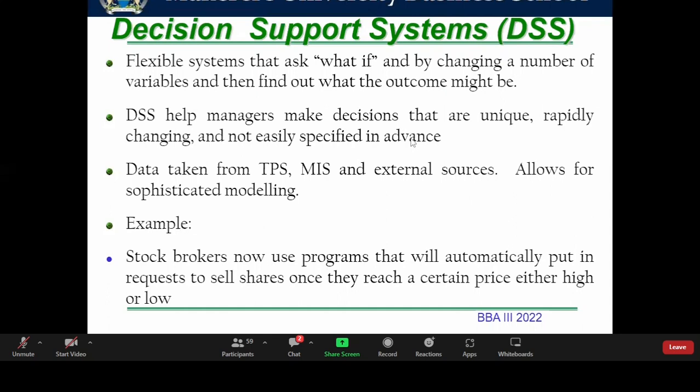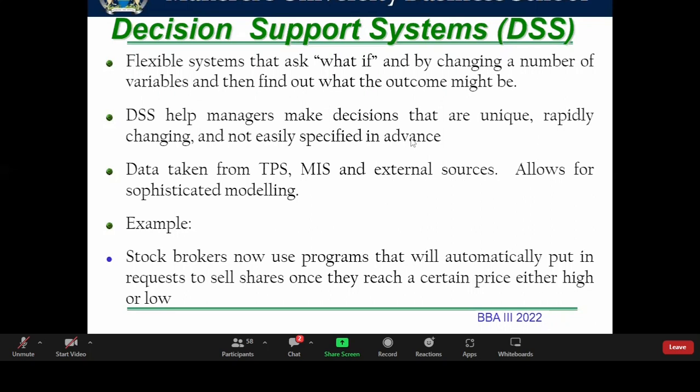Data taken from the transaction processing systems allows for sophisticated modeling. The sophisticated modeling sometimes gets into thinking about what we expect vis-a-vis our competitors. We usually use decision support systems to make decisions about competition.